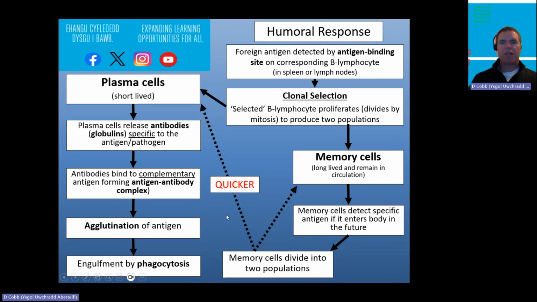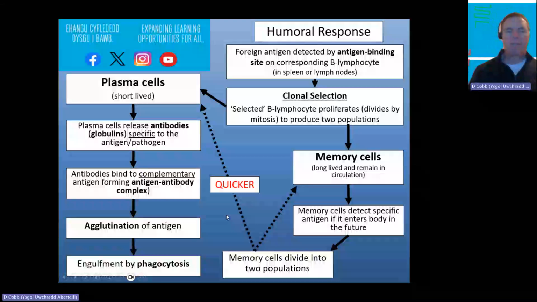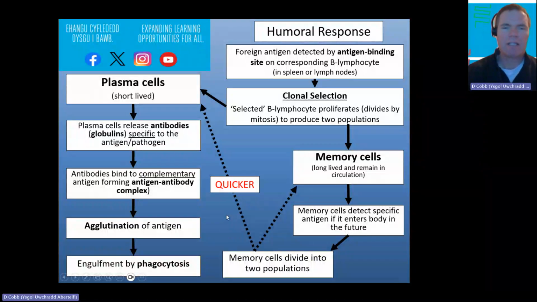And we also get memory cells to sort of reinforce this idea that we need long-lived resistance against future entry of that antigen. Usually, it's so quick that when those memory cells divide, we don't even recognize any symptoms. We don't get any symptoms from the pathogen.